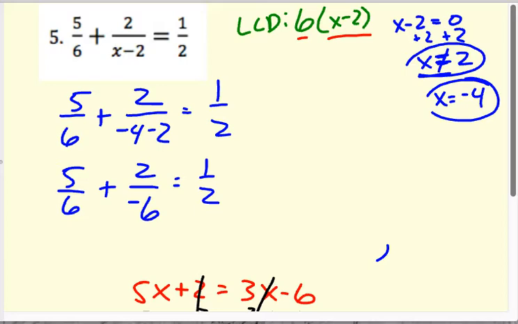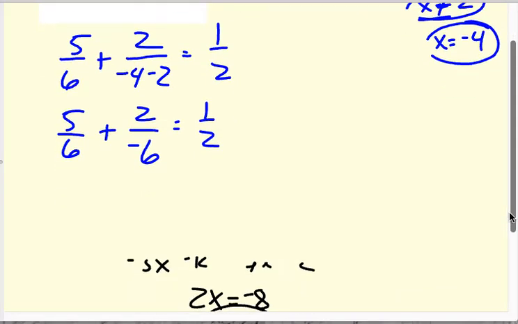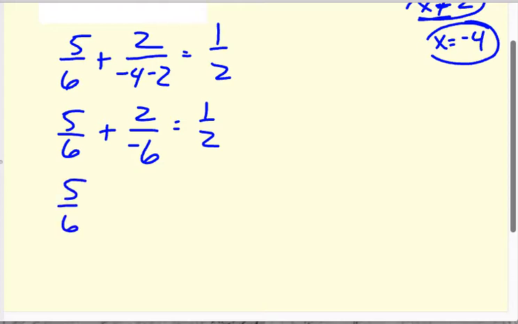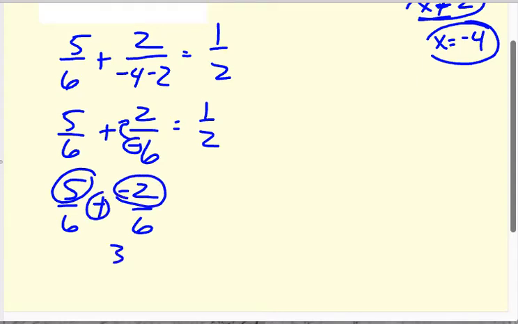Well, that's the same as this right here, 5 over 6. The negative, I can just put in the numerator and say that's plus -2 all over 6. 5 plus a -2 here is going to be 3 over 6, and that is definitely equal to your 1/2. So -4 works. -4 is our solution.